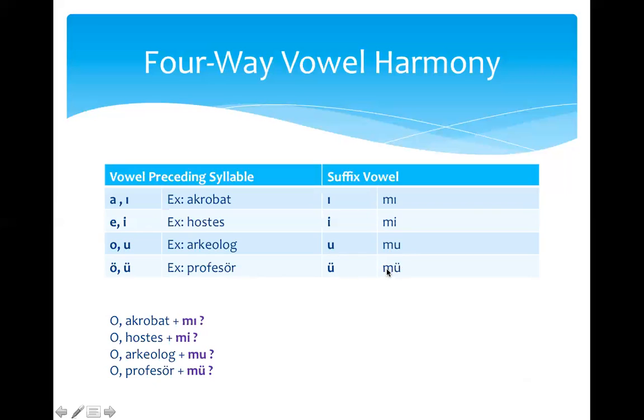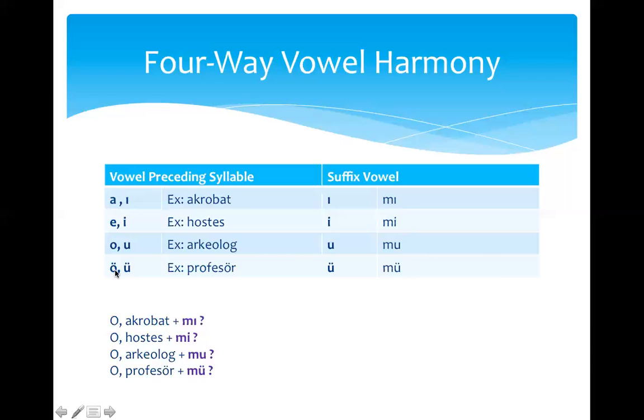The I-containing suffix is going to turn into ü. So in this case, it would be mü. So this question participle could have only four forms: mı, mi, mu, mü.